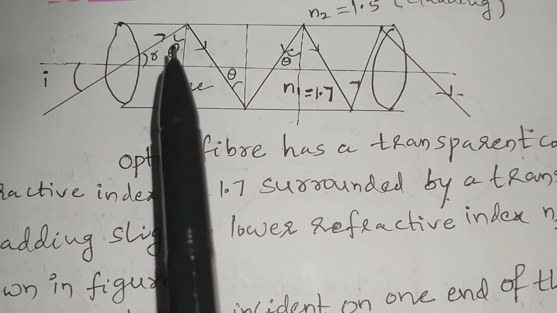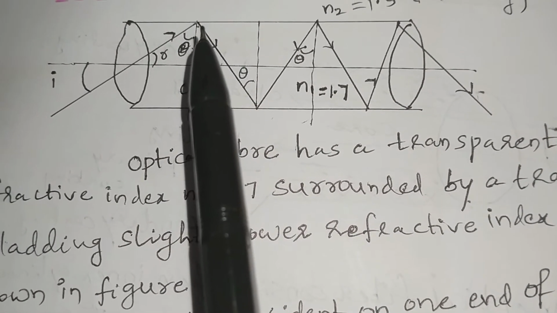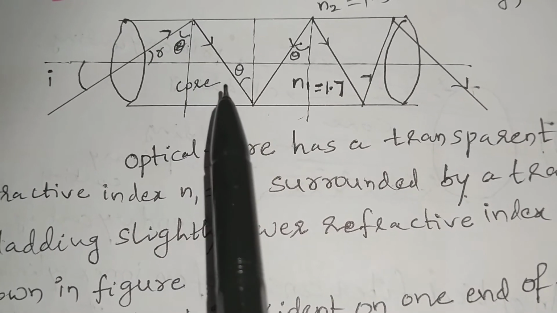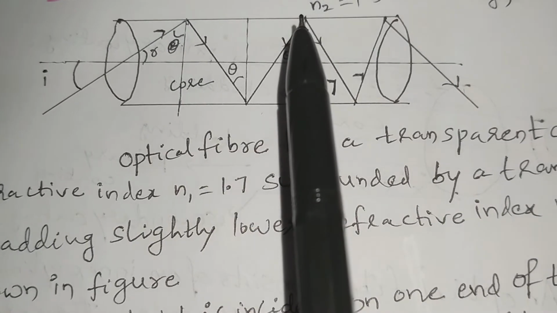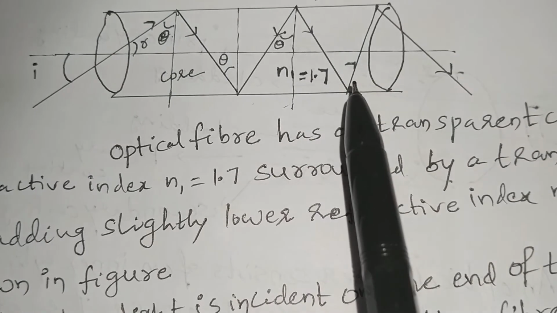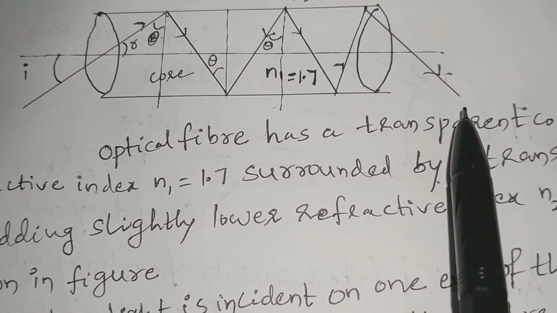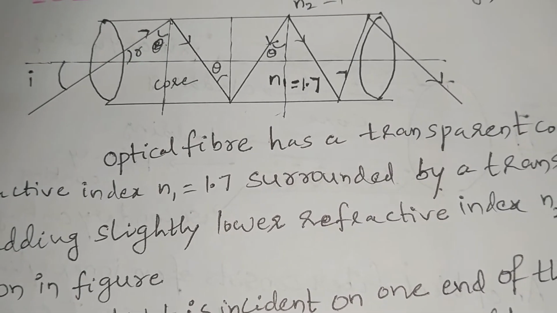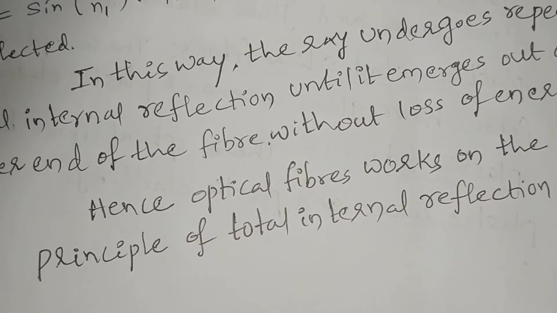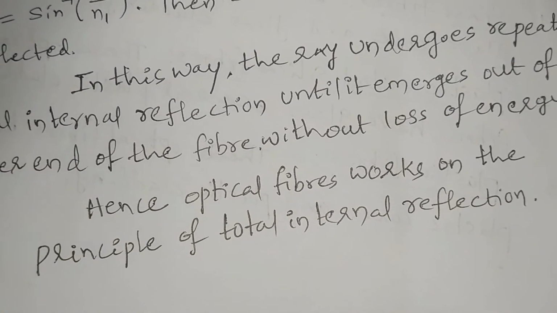The angle of incidence on the boundary of the optical fiber is greater than the critical angle, then the ray suffers total internal reflection. This phenomenon takes place until the ray reaches the other end without loss of energy. Hence the optical fiber works on the principle of total internal reflection.